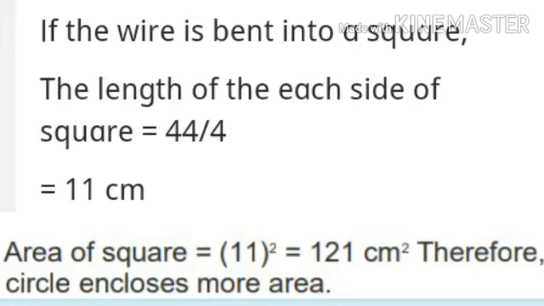If the wire is bent into a square, the length of each side of the square is equal to 44 upon 4, because perimeter of square upon 4 is equal to the length of each side. So 44 upon 4 is equal to 11 centimeter. Now area of square is equal to side square. So 11 into 11 is equal to 121 centimeter square. Therefore, the circle encloses more area.